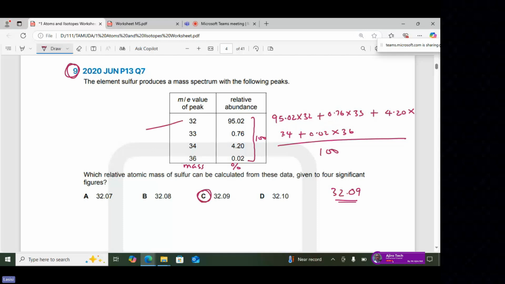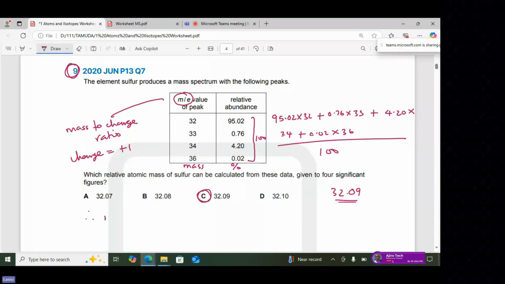It's mass to charge. What does this mean? It means mass to charge ratio, and the charge is equal to plus 1.